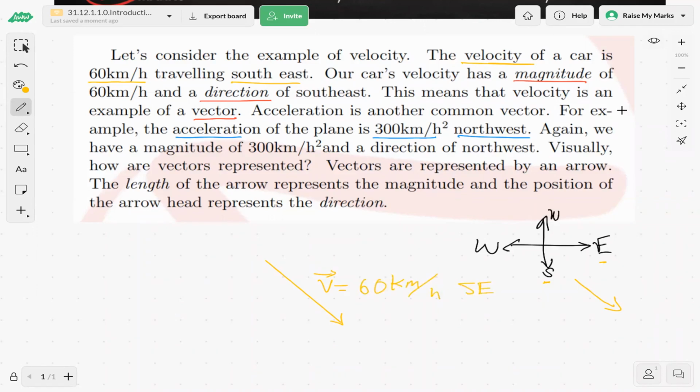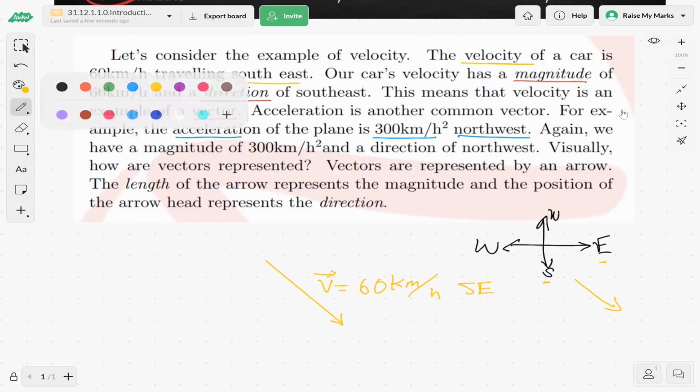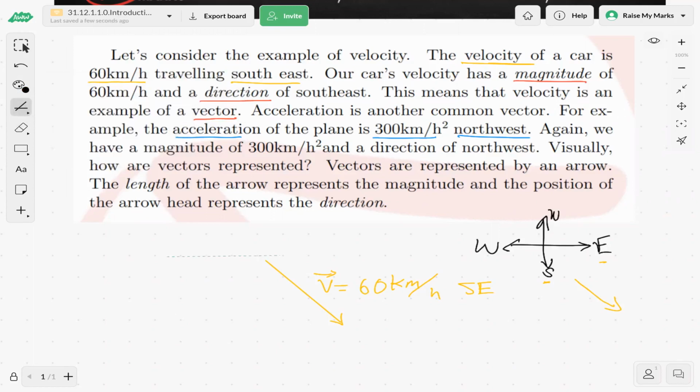So this length, this magnitude, represents a magnitude of 60 kilometers per hour. And the direction, why don't we put some reference here? The angle, a 45-degree angle from the horizontal, represents the fact that it's southeast.